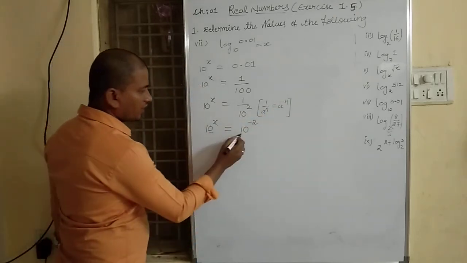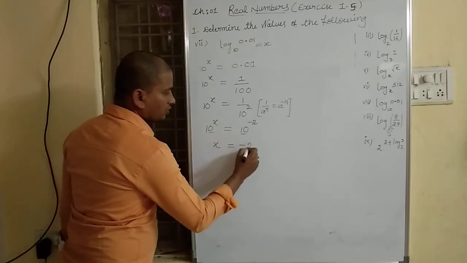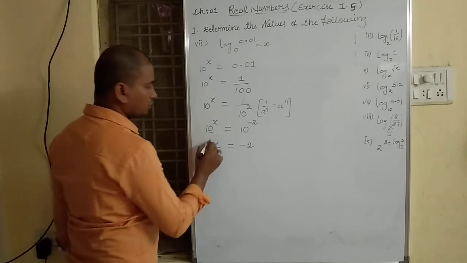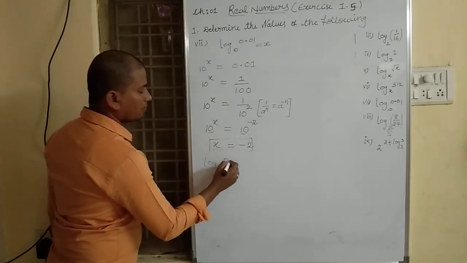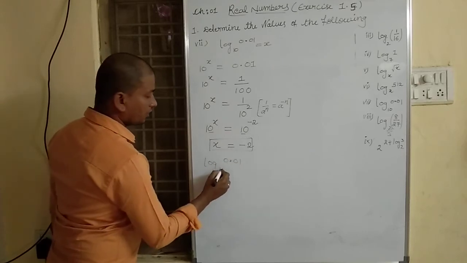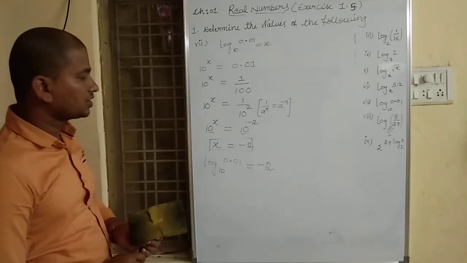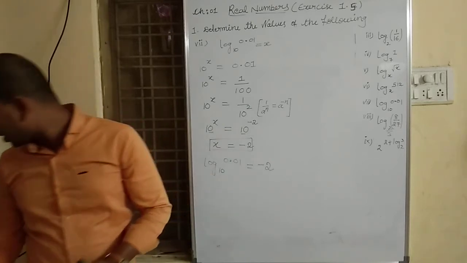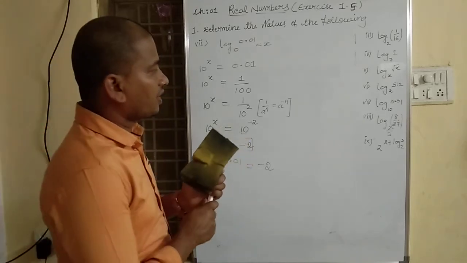As bases are equal, powers should be equated. So x is equal to minus 2. So the value of log 0.01 to the base 10 is equal to minus 2. The answer is minus 2. Got it? Next one, 8th one.